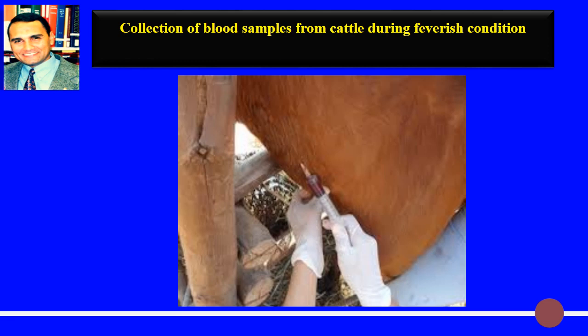Collection of blood samples from cattle during feverish conditions also helps in detecting which disease is present. So this determines the causative agent, which may be Babesia, Filaria, Anaplasma, E. coli, Staphylococci, Streptococci, or others.